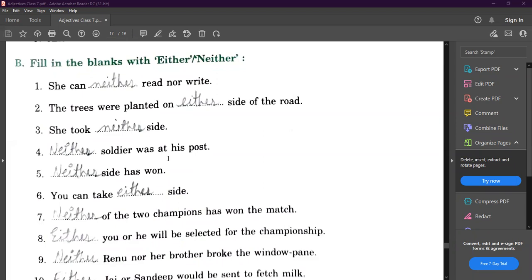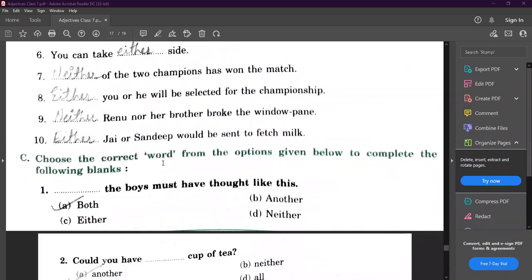Either you or he will be selected for the championship. Neither Renu nor her brother broke the window pane. Either Jay or Sandeep would be sent to fetch the milk.